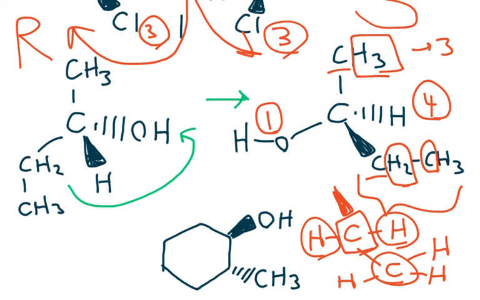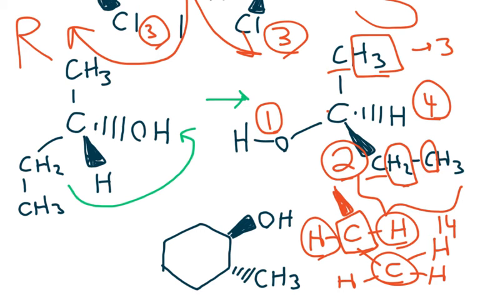But this H, H, and C add up: 1 for each H, that adds up to 2, and carbon is 12, so that gets us 14. That means this ethyl group wins. It's going to be number 2, this methyl is number 3, and we already know the hydrogen is number 4.